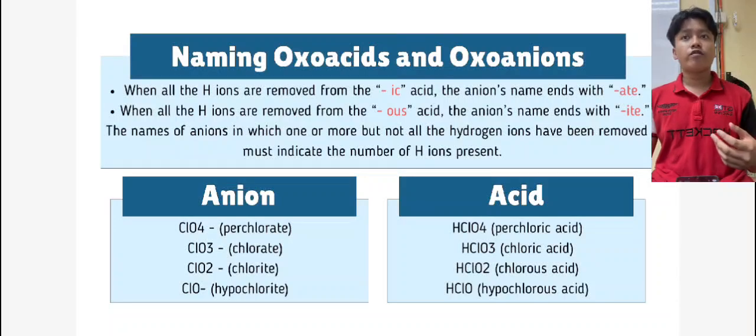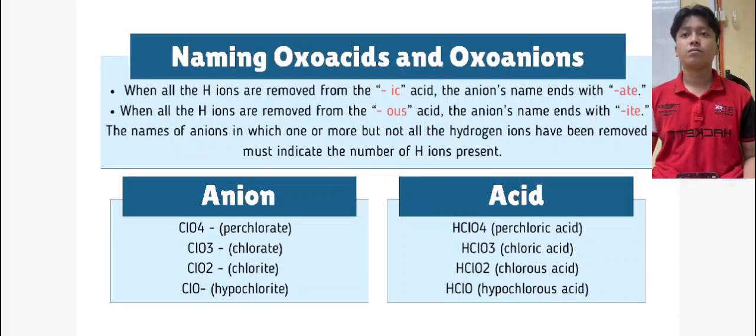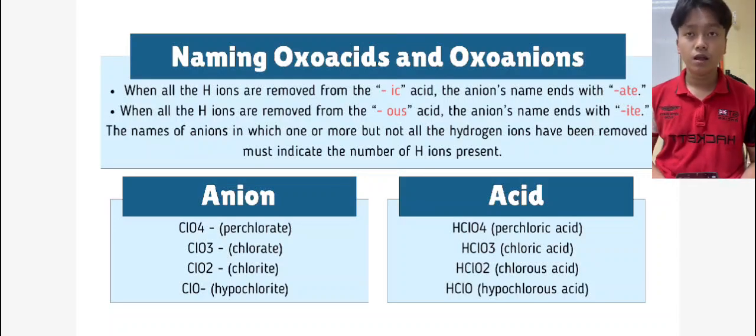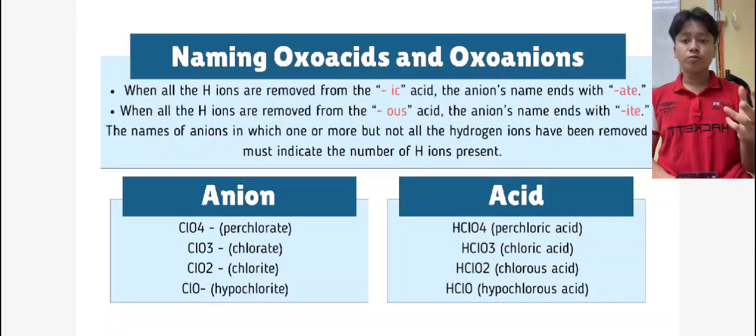The names of anions in which one or more but not all the hydrogen ions have been removed must indicate the number of H ions present. I'm going to be giving a few examples.